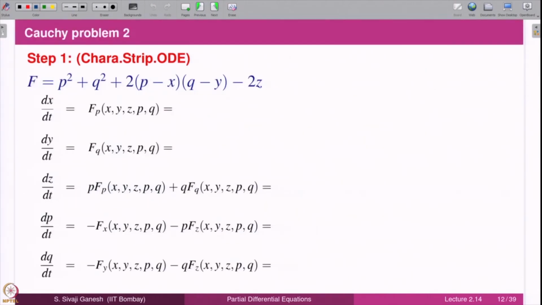So, what is f_p? From the first term it is 2p, and from the second term it is 2(q - y), which is 2(p + q - y). What is f_q? It is 2q from here, and from here it is 2(p - x).